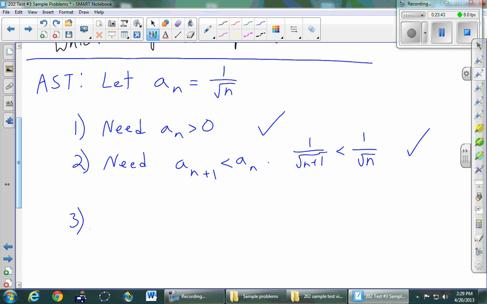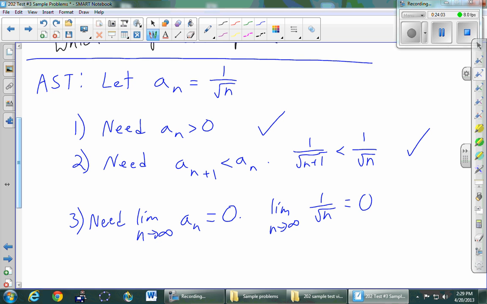And then finally, we need the limit of these terms, ignoring that minus sign, to be 0. That's the magic number. Okay, so let's see if we can verify this. Limit as n goes to infinity of 1 over square root of n. What's it equal to? Well, if n is really big, then the fraction is 0.